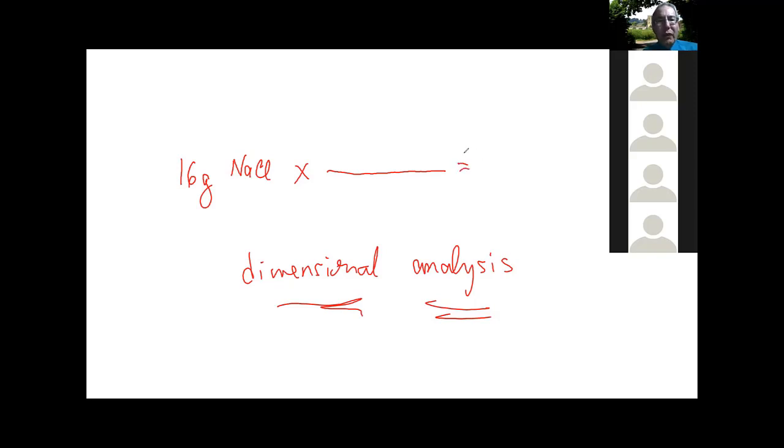Okay, good. So if we wanted to take these grams here and turn them into, let's say, moles, that's a reasonable thing to try to do. Would you know what needs to go on the top and what needs to go on the bottom?